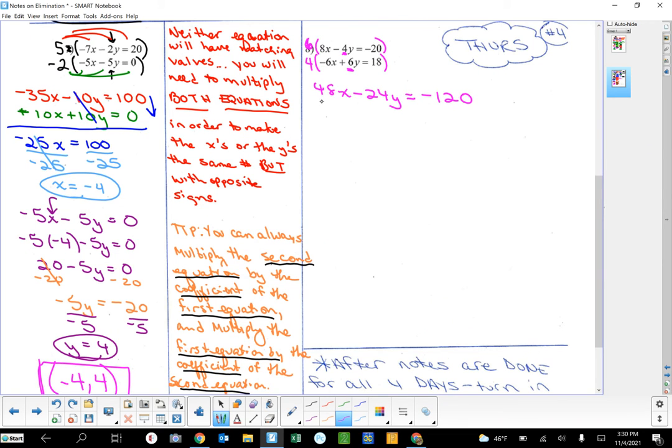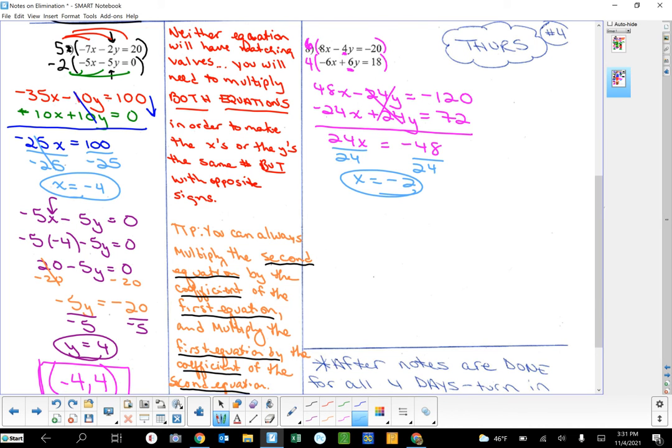And then I have negative 24x plus 24y is equal to 18 times 4 is 72. These would cancel out. This is a 24x. This is a negative 48. If I divide both these by 24, I get x equals negative 2.